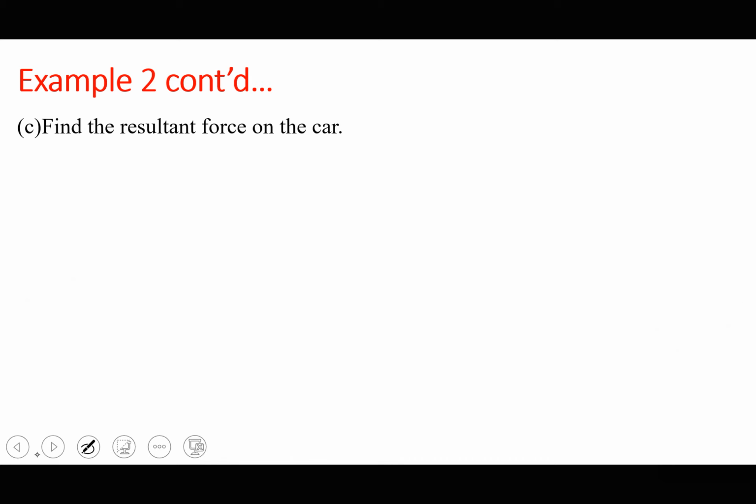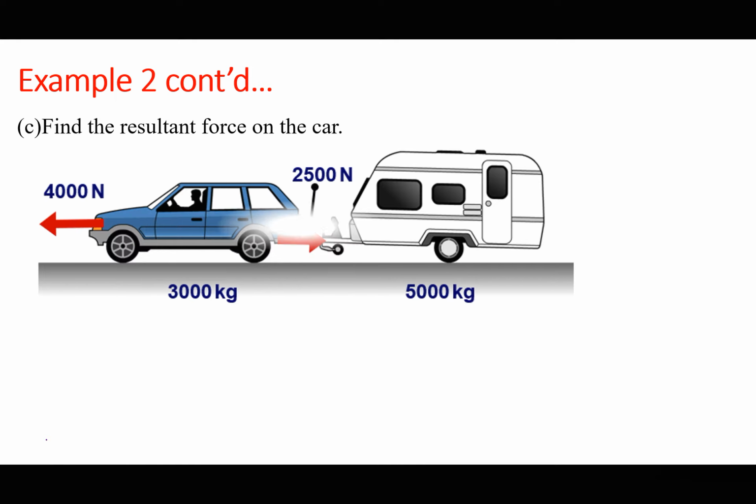Then find the resultant force on the car alone. We have seen the force which is accelerating the caravan, and the resultant force of the whole system. Then the resultant force on the car alone must be the driving force minus the tension.